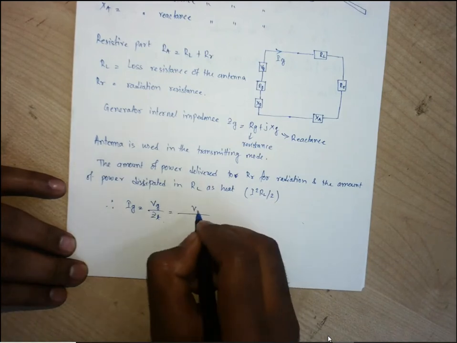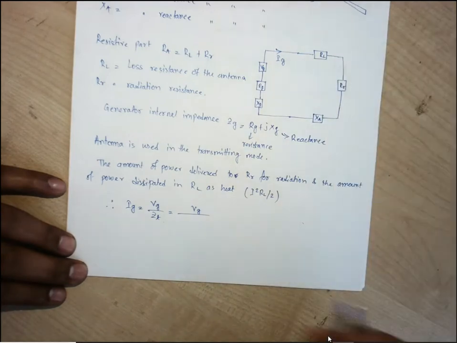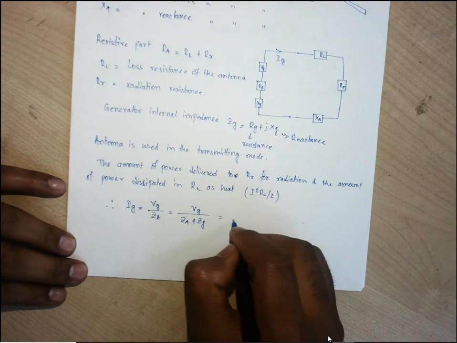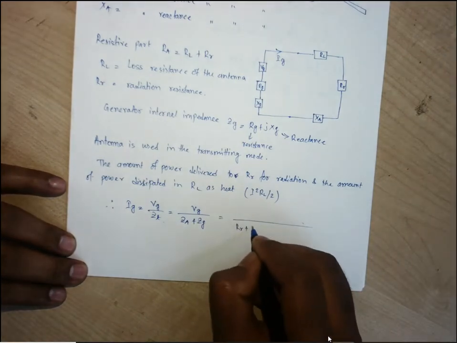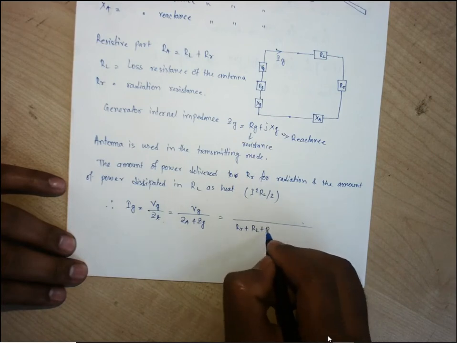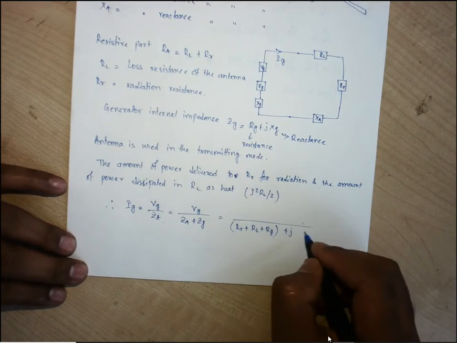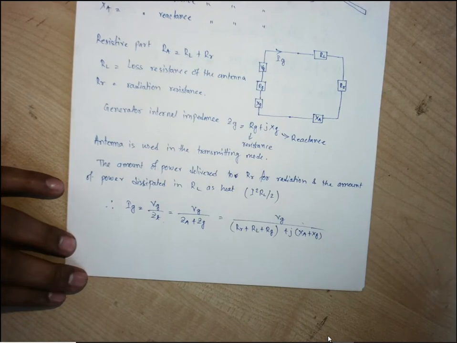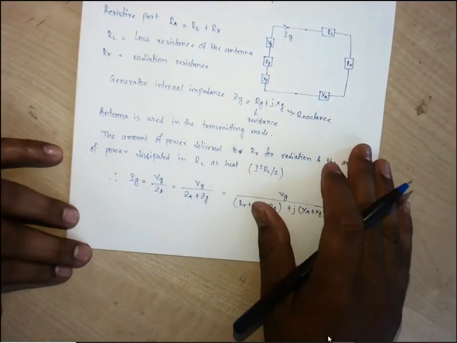So what is this Zt? It is the internal impedance of the source as well as the antenna impedance, that is Za plus Zg. So what is this Za? It is RR plus RL plus Rg, I am just writing these resistances as a whole, plus j of Xa plus Xg, and Vg by this thing, amps. So it is the current which is flowing in this closed circuit.